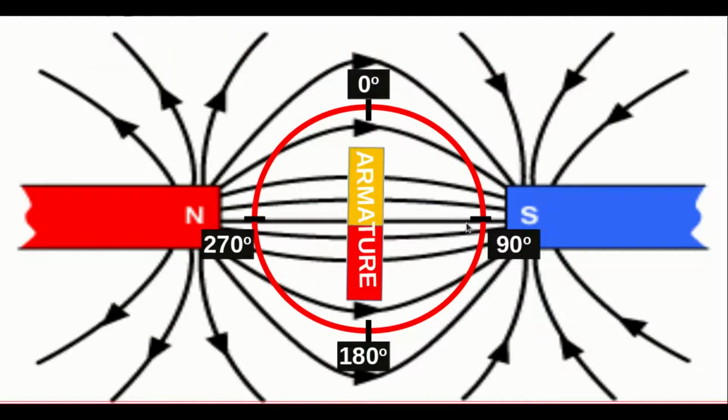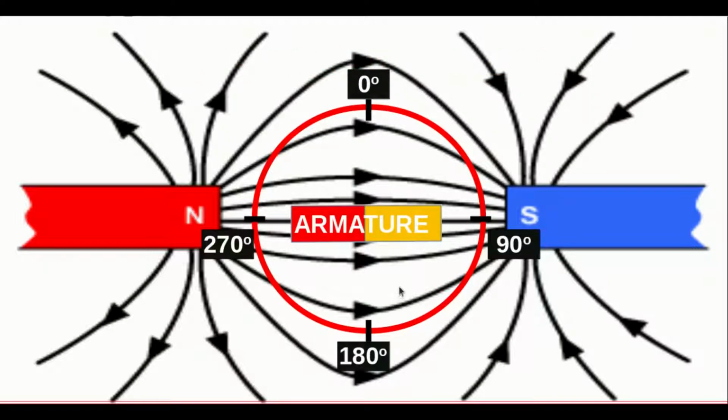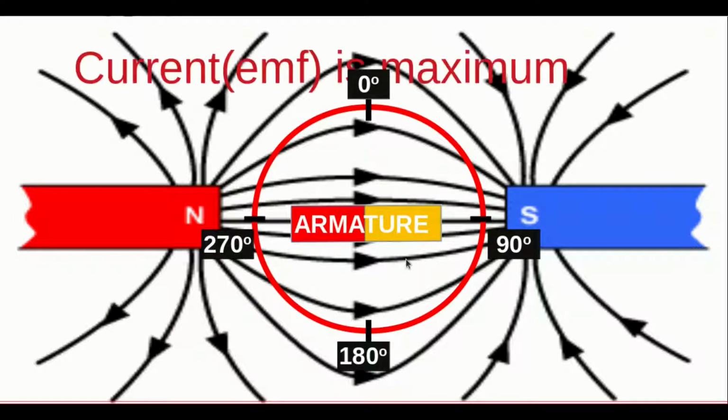Then the armature rotates to 180 degrees. Now both ends of the armature are located at the low flux density area, hence current or EMF is zero. The armature again rotates in clockwise direction. Now it rotates to 270 degrees. Again the armature lies at the high flux density area, hence current or EMF is maximum.